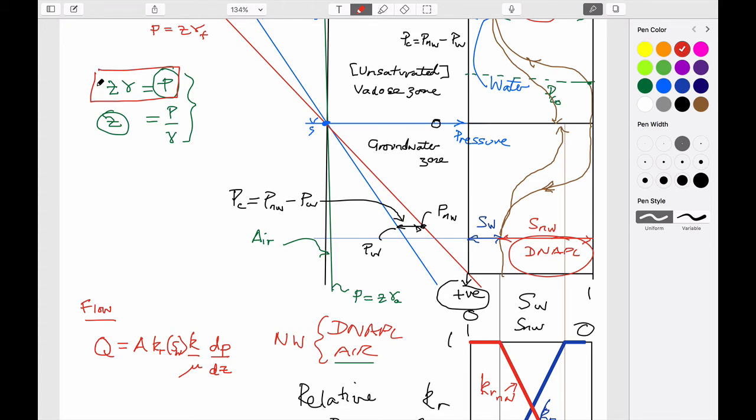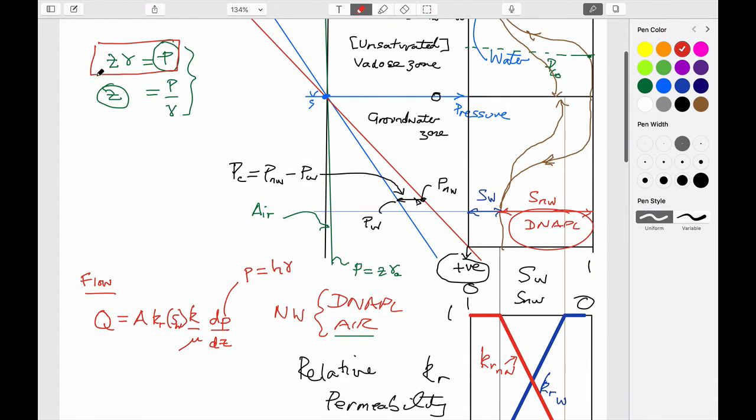one of the very few relations that we use, to note that pressure is equal to elevation. So let's rewrite it as head multiplied by unit weight. We can think of an elevation change as being a head, a vertical elevation.